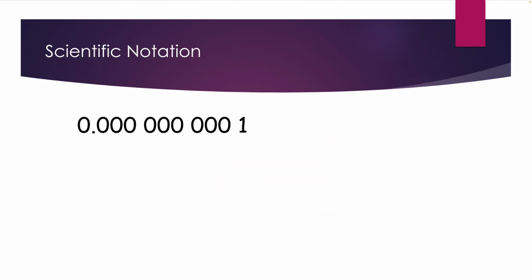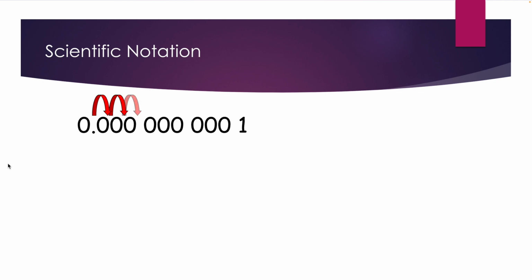So for example, here is our number. Same process applies in the sense that I want to move the decimal point so that I get a number that is bigger than 1, so between 1 and 10. So in this case, I'm going to move it all the way on this side of the 1. So I'm going to count how many times I move it.